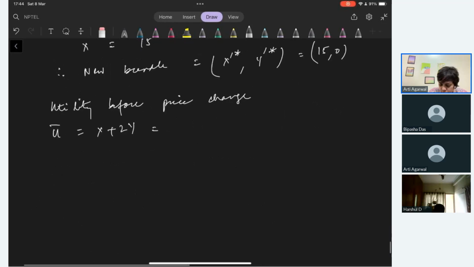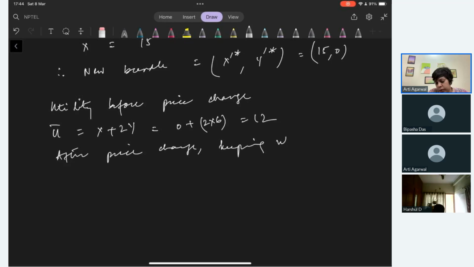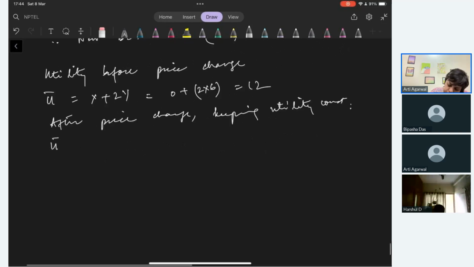So yeah, let's go back to what our initial consumption was, 0, 6. So this is 0 plus 2 into 6. This is 12, right? Now in the new after change, keeping utility constant, we get U bar is equal to x prime plus 2y prime.